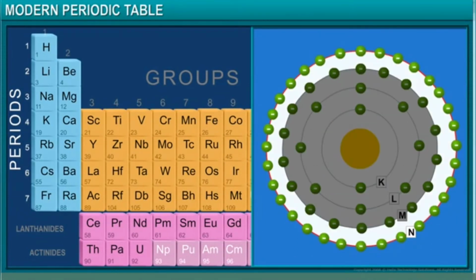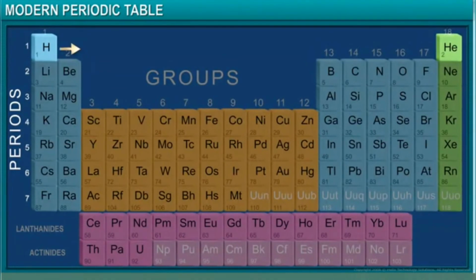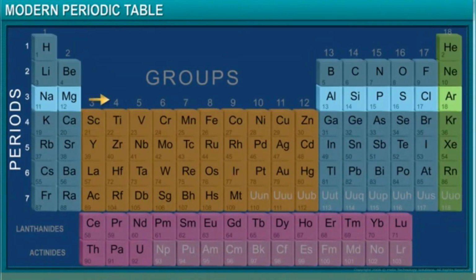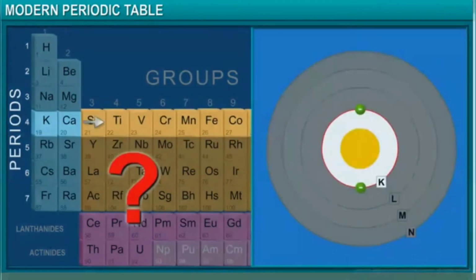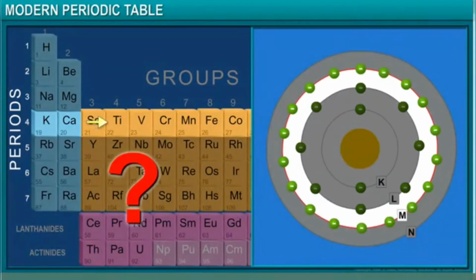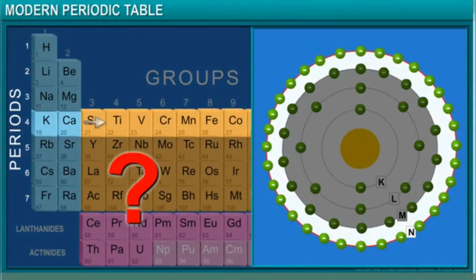Let us see how many elements are present in different periods, for example, first, second, third, and fourth periods. This can be explained on the basis of how many electrons are filled in various shells.